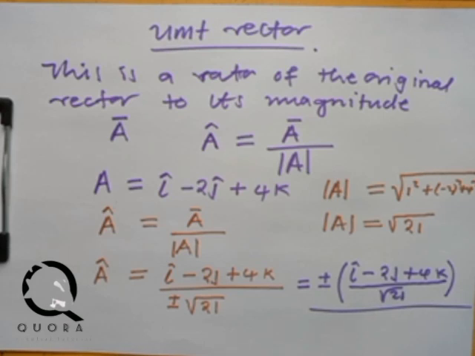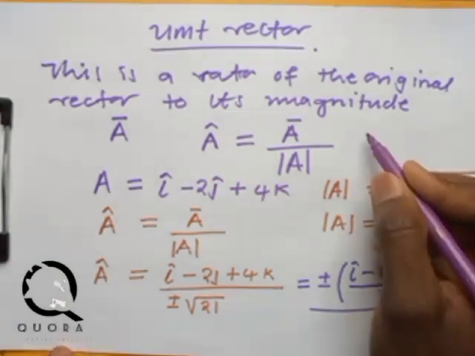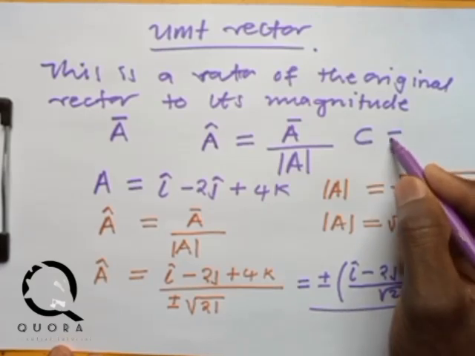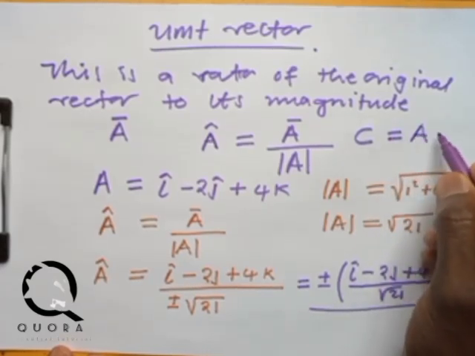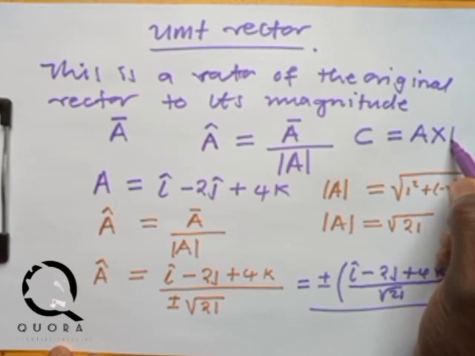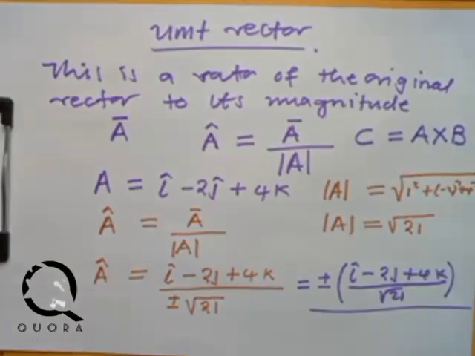If a question has come like that, they say vector C is perpendicular to vector A and B. Find vector C. What they mean is, you write C equal to A multiplied by B. Any vector you get after cross multiplying is what we call a perpendicular vector, which is going to be vector C at this moment of time.